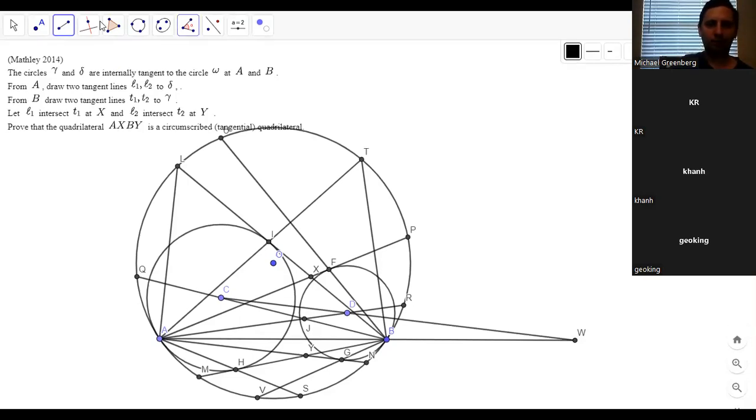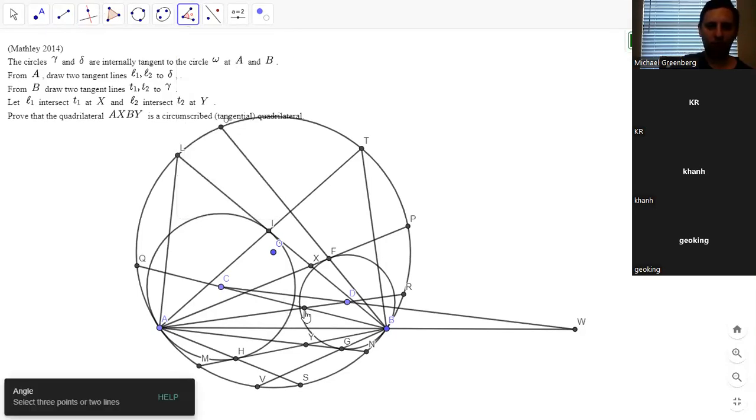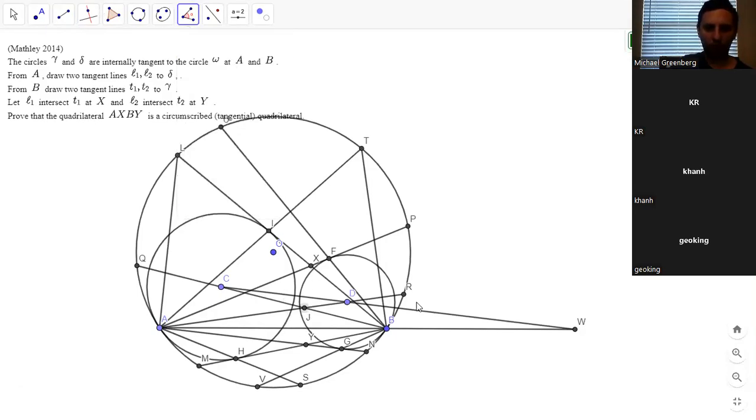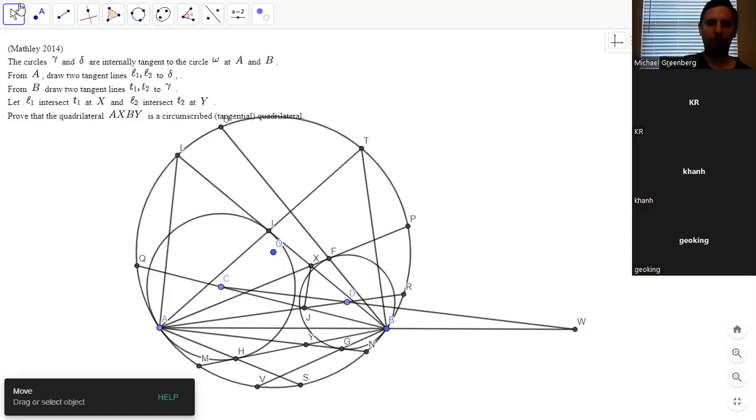Oh, that would be really interesting if that were true. No, it's close. I wonder if these are perpendicular though, JX and CD. No, because then JY and CD should be perpendicular.